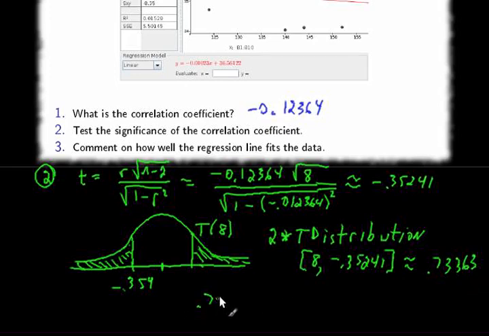So our 0.73363 is much larger than 5% or 0.05, which is the default level of significance. So we have to say that the slope or the correlation is not significant.